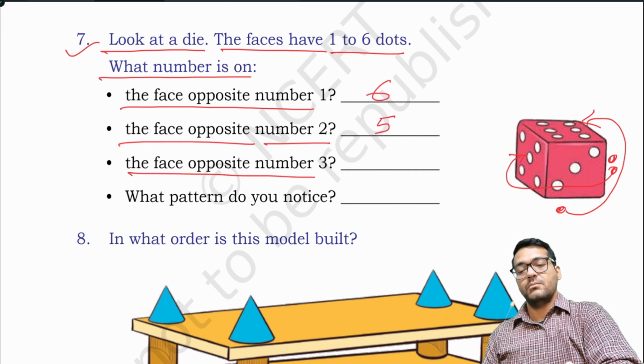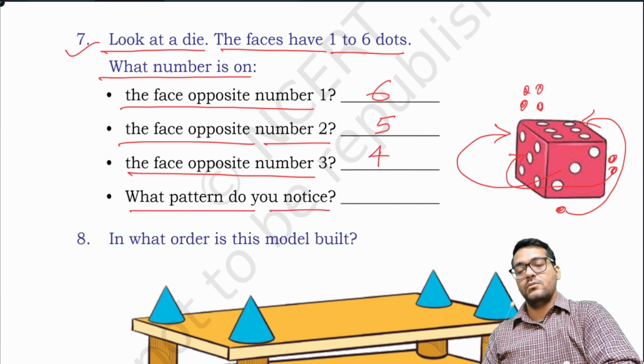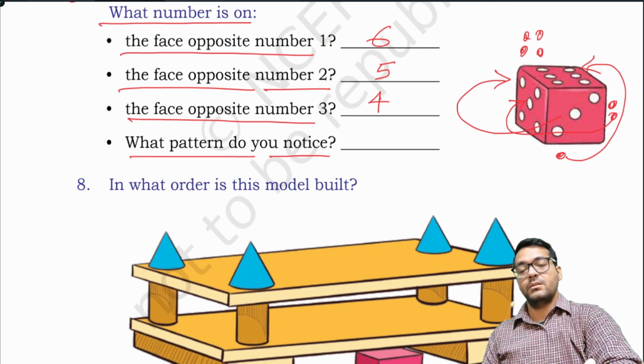The face opposite number 3 will have 4 dots. What pattern do you notice? If you sum up the number of dots on opposite faces, you will get 7. For example, 1 plus 6 is equal to 7, 2 plus 5 is equal to 7, and 3 plus 4 is equal to 7.